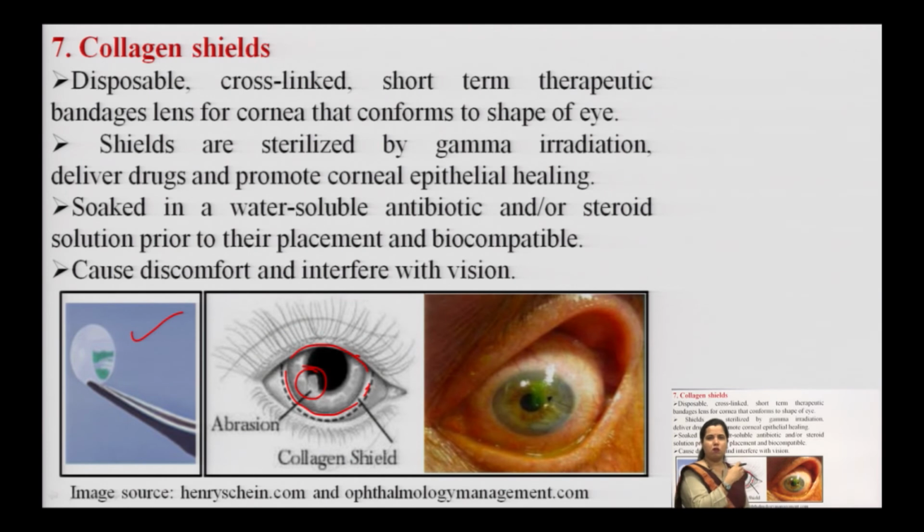It may cause discomfort, and this is the actual picture where you see the shield applied, and this is the abrasion part where some sort of reflection and friction can be seen in patients. This is not so acceptable because the patient is already unwell, and it is again causing inflammation or irritation in the eye, so patient acceptability is less in that case.